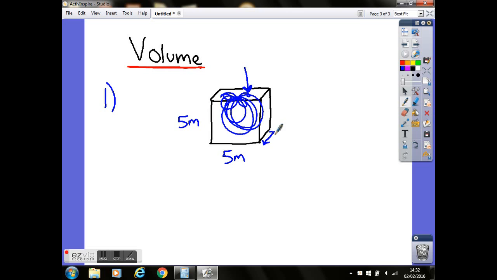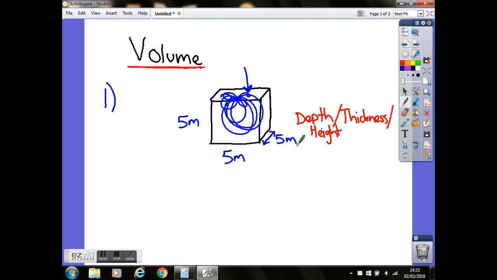This can either be referred to as the depth, the thickness, or even sometimes the height, depending on which way around the shape is. But you've got that vital third dimension. We're going to say that's 5 as well, because it's a perfect cuboid, this.